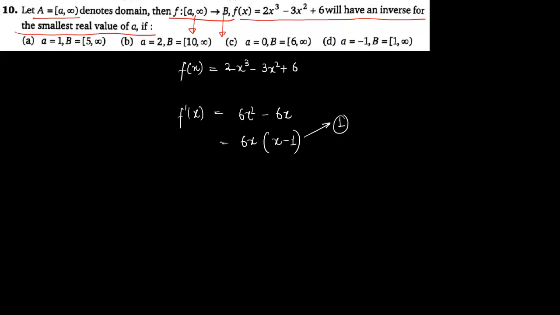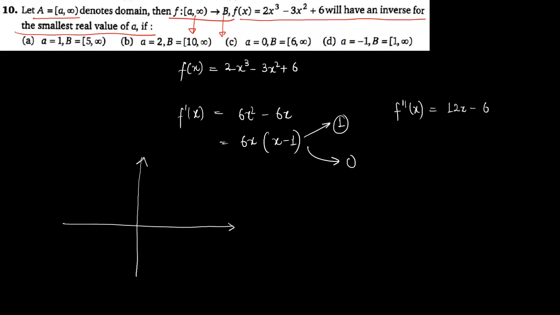One is 1, another is 0. We can plot a graph with the help of these two values. Let us check which has the minima and which has the maxima. Differentiating once more, we get 12x minus 6. So f''(1) will be 6, and f''(0) will be minus 6.